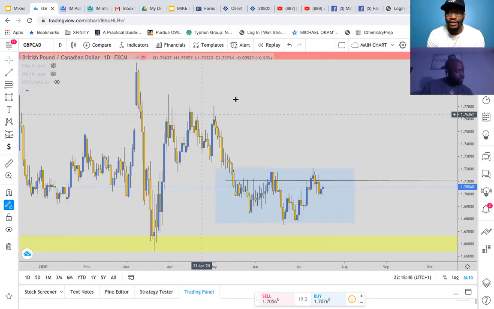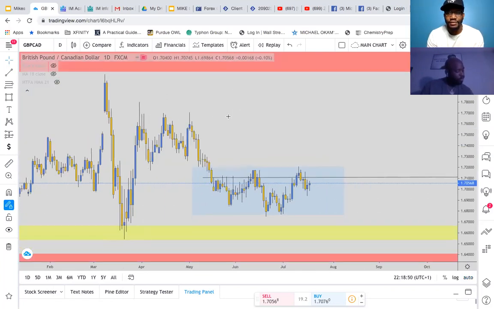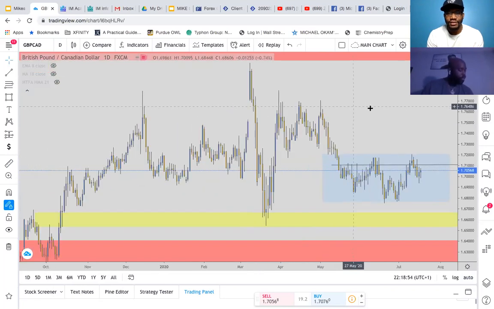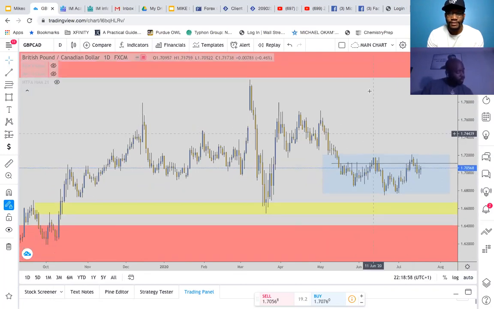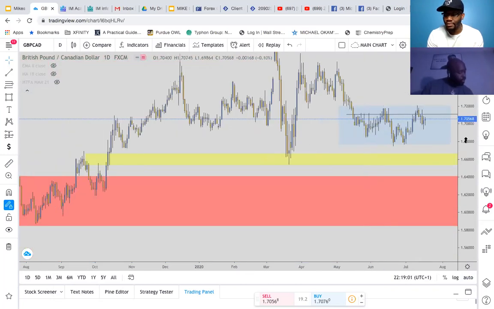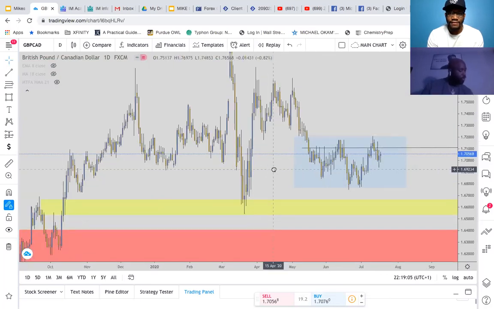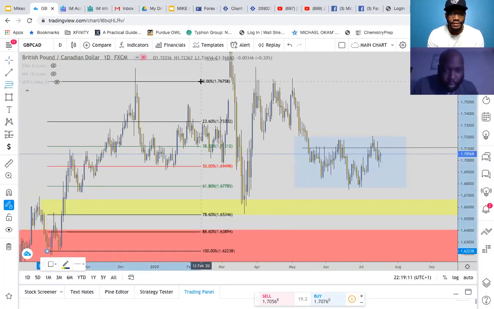Right here, we're looking at structure. We're identifying structure. What type of structure is this market making? Right, here's where we want to pull up and utilize our fibs to see where in structure we're at. Boom.